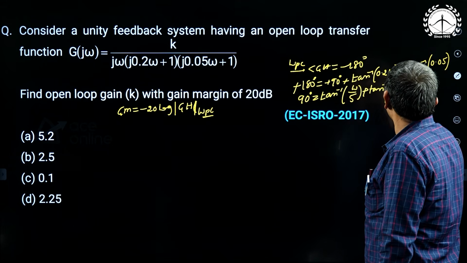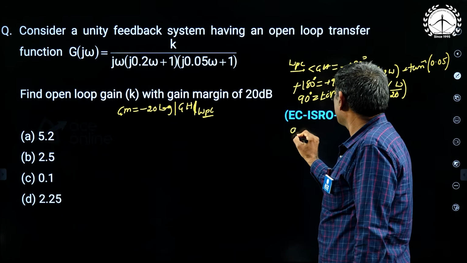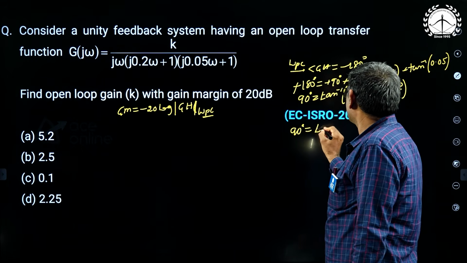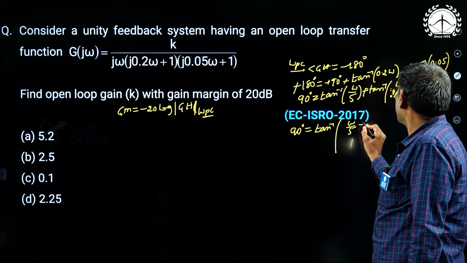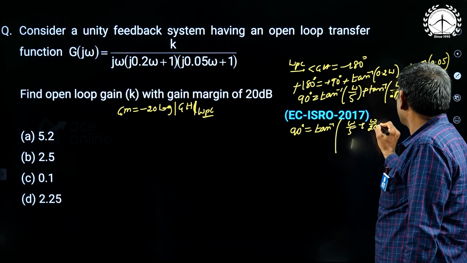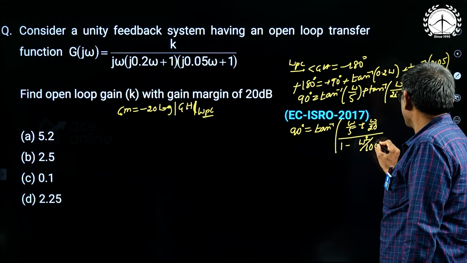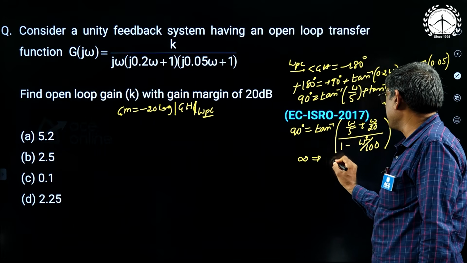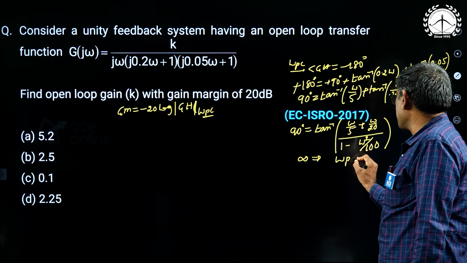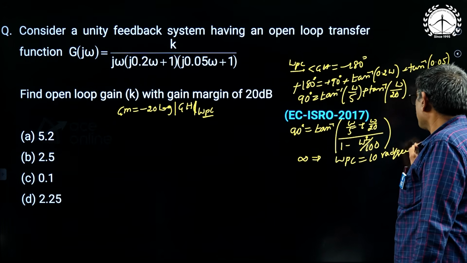Here I can write omega by 20. So then you solve it. 90 equal to tan inverse of (omega by 5 plus omega by 20) divided by (1 minus omega square by 100). So, tan 90 is infinity, meaning the denominator is 0. Then you will get omega PC as 10 radians per second.